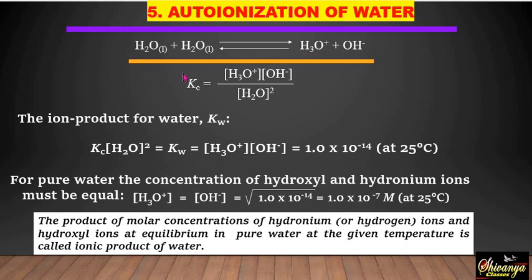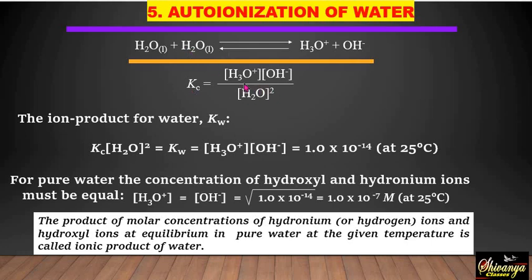So Kc, which is the dissociation constant, is the product of concentration of ions divided by the product of concentration of undissociated molecules.